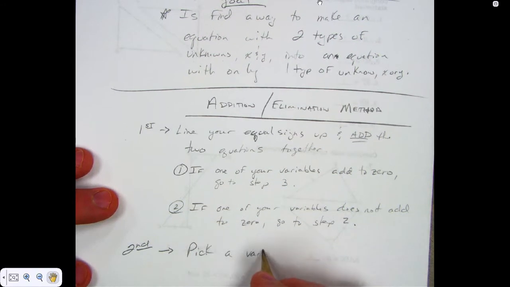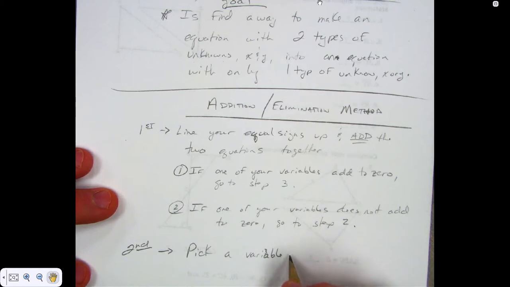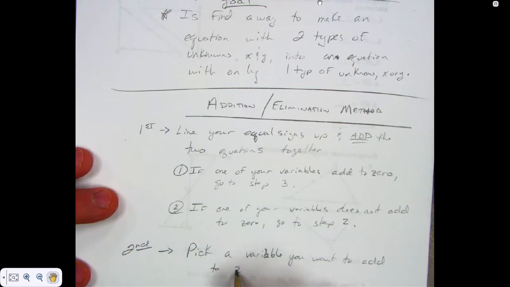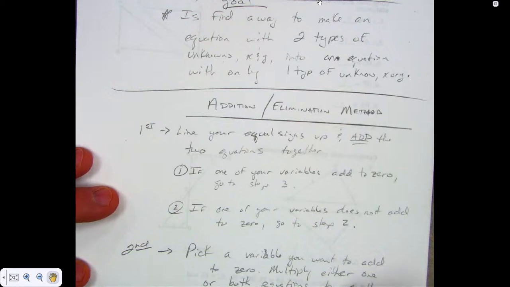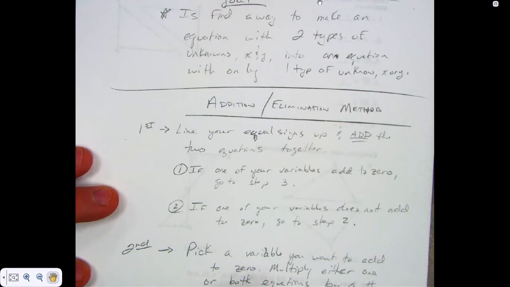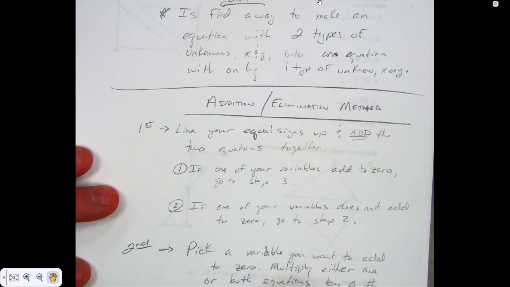Pick a variable you want to add to 0. Multiply either one or both equations by a number so that that variable adds to 0.